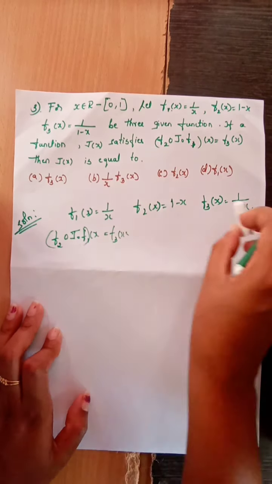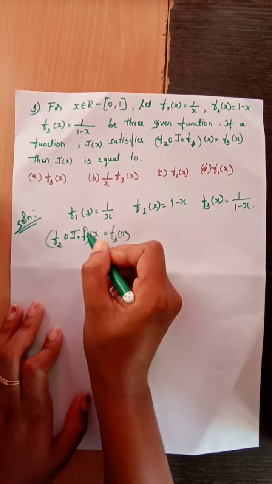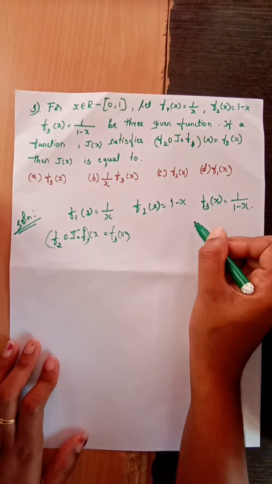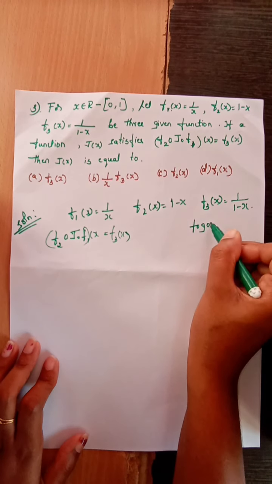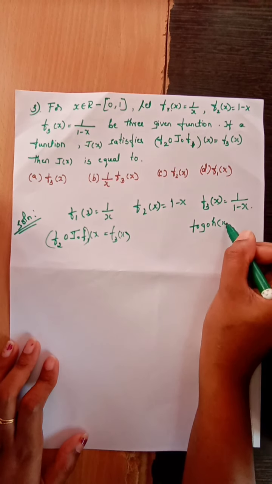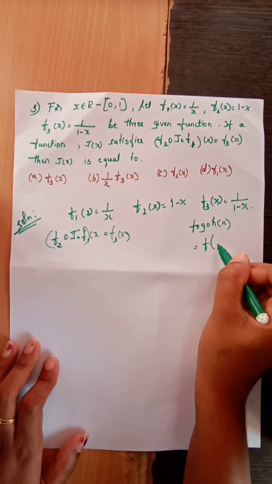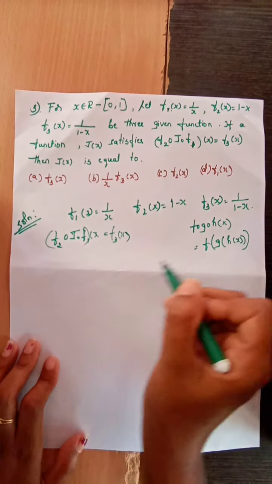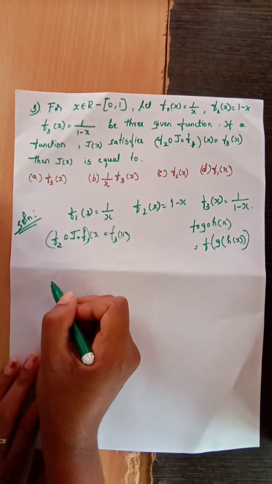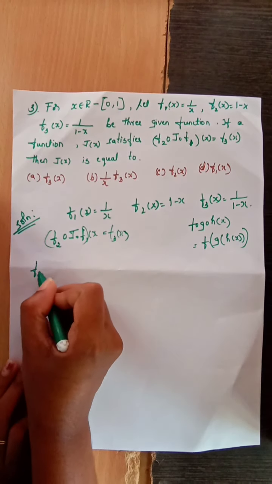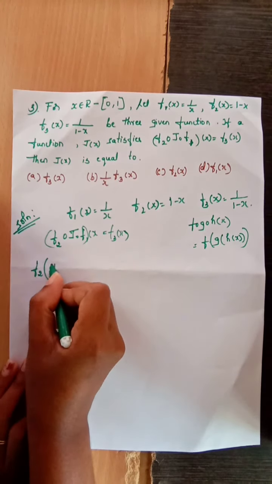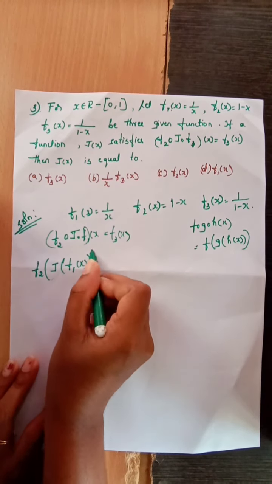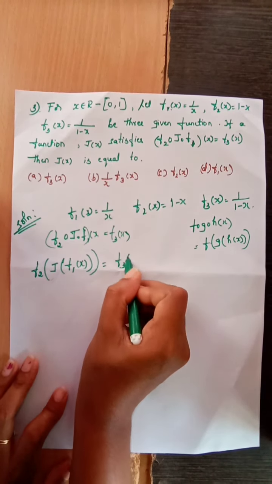So we'll substitute. Whenever we have composition, f composition g composition h of x, it means that f of g of h of x. Similarly, I'll apply the same thing over here. So it is f2 composition of j of f1 of x is equal to f3 of x.